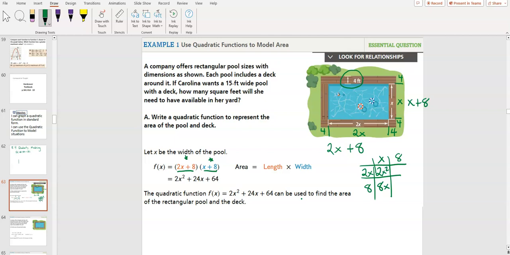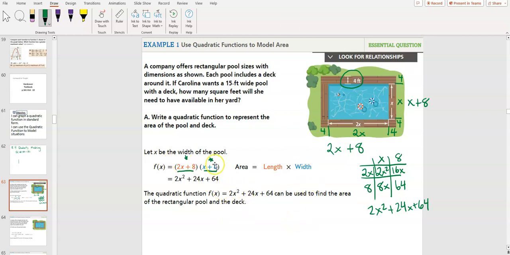They have 8x and 16x, and that together makes the 24x, and then the 64. So you end up getting 2x squared plus 24x plus 64. Or you could do the FOIL method. I just figured I'd show you the boxes since it's been a while. That's how they got this expression right here. So that is my expression. That is the area of the pool, and we're done. That's all I had to do in this particular problem.